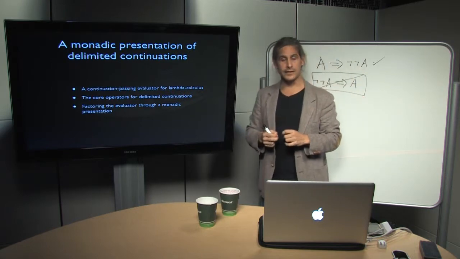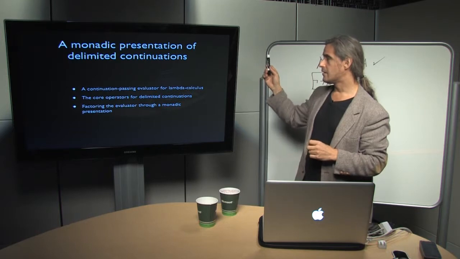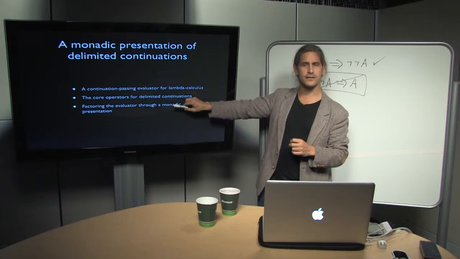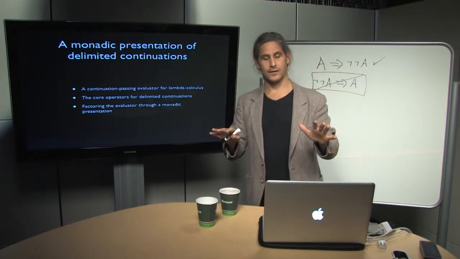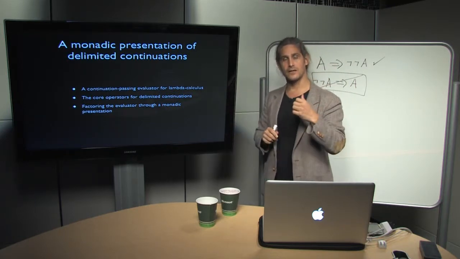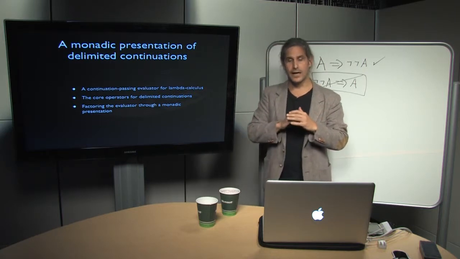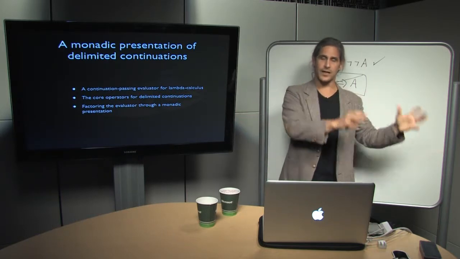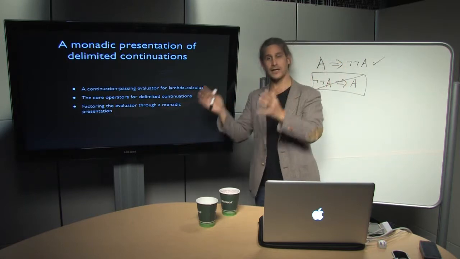And what we'll see is that the monadic presentation of delimited continuations allows us to factor the translation or the interpretation of the continuation-based behavior in such a way that we can be as ignorant as possible of the underlying implementation, whether it's continuation passing style or the use of stack frames or some other mechanism.